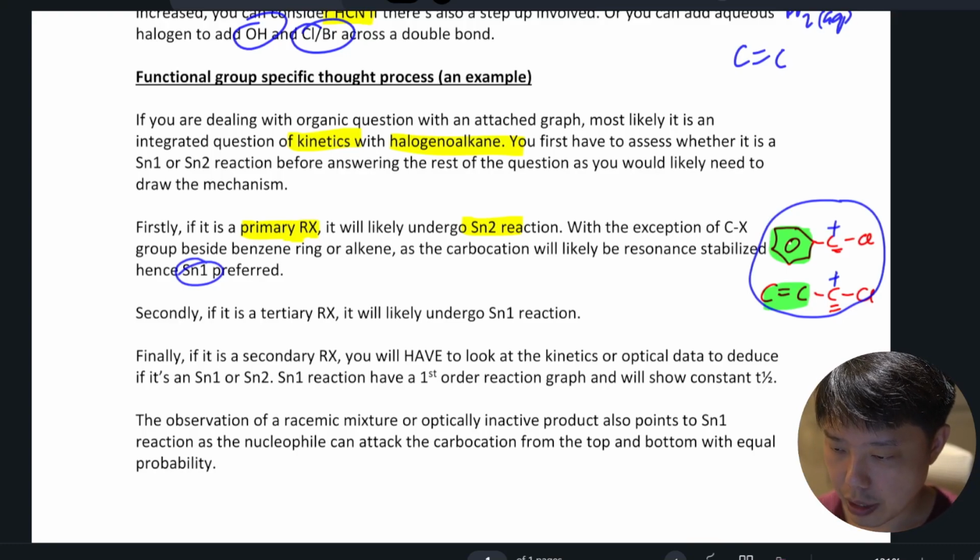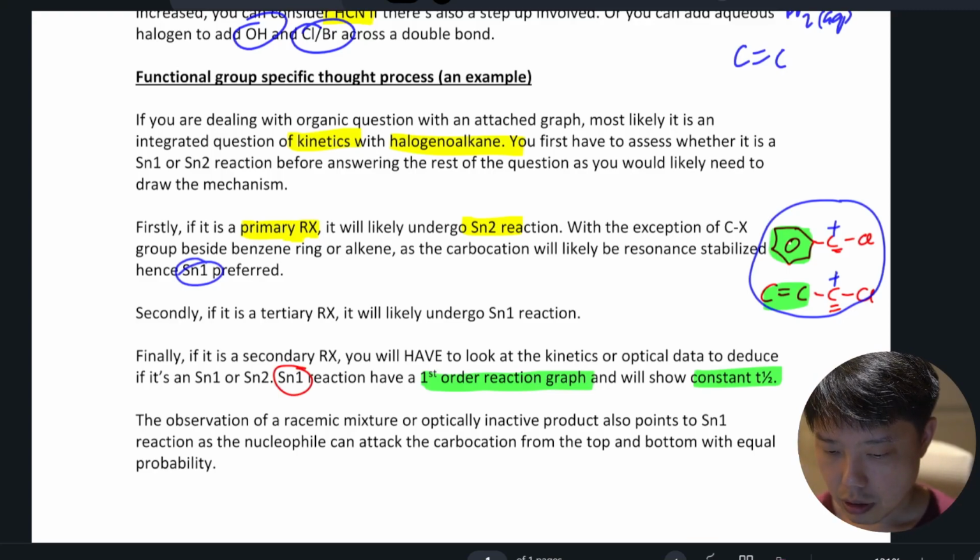For SN1, they will have a first order reaction graph and show constant half-life. So anytime you have a graph that you can get a constant half-life, or you can deduce that it's first order, you got to know that it is undergoing SN1.